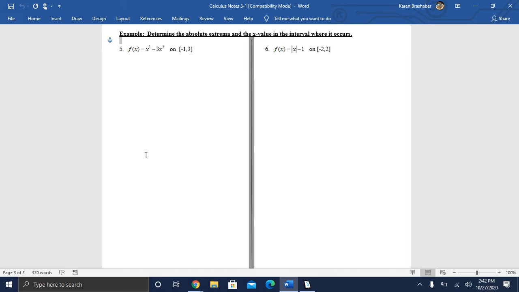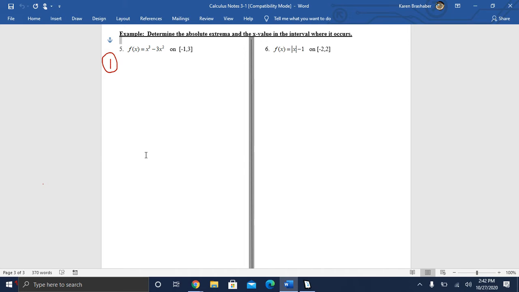So we'll start with number 5, and I have just a simple polynomial for us. F of x equals x to the third minus 3x squared. And my closed interval that we'll look at is from -1 to 3. So first step, I want to number it so you can follow the guidelines that were listed above.